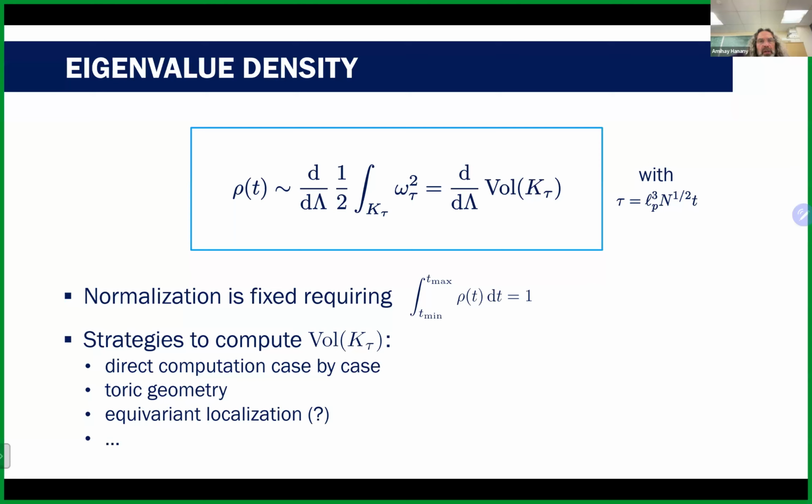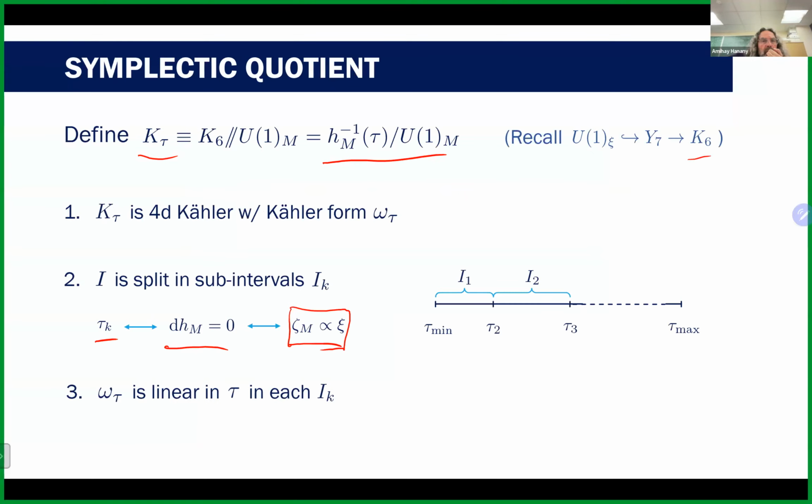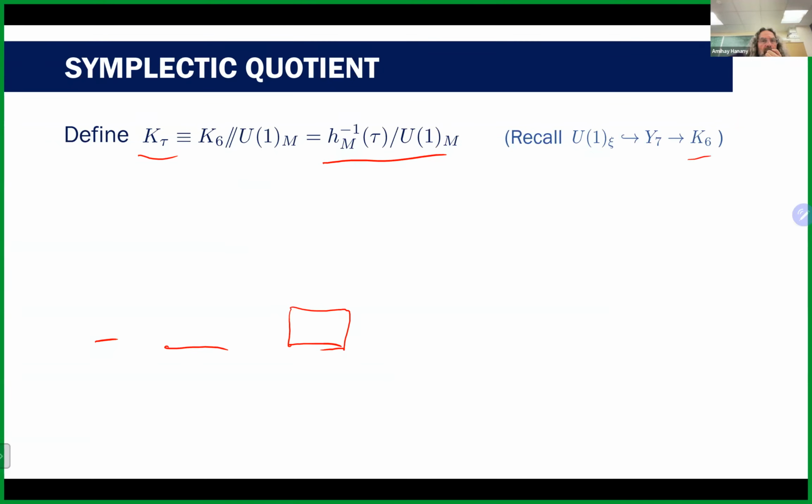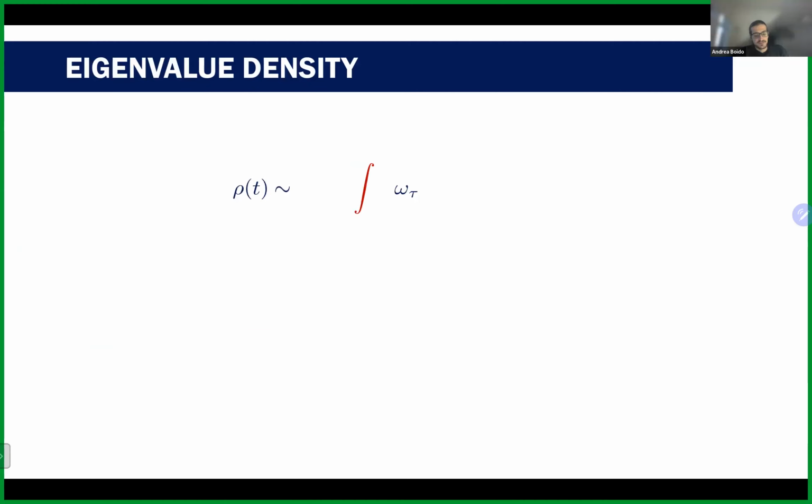But you also had a case there which doesn't look toric. Can you go back? You showed a set of examples. Oh, yeah, sorry, it's later.